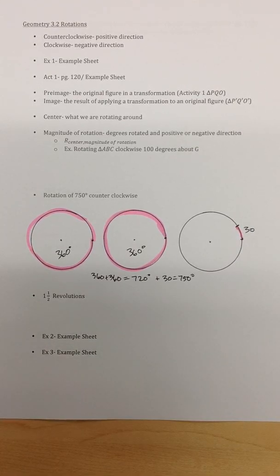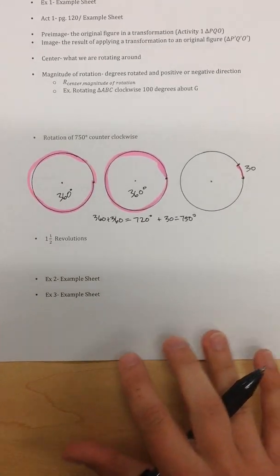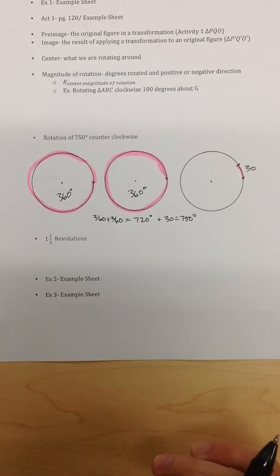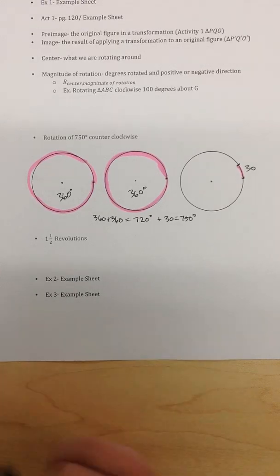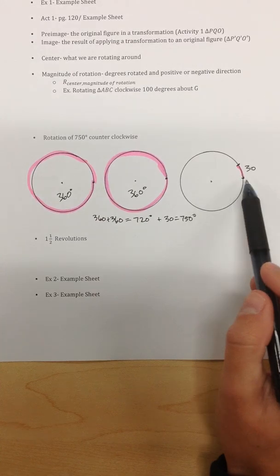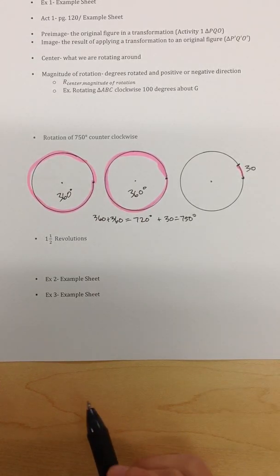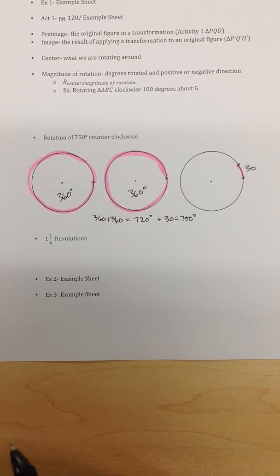Okay, another way to phrase this is talking about it as revolutions. Revolutions is just one full time around a circle. So this would be one revolution, two revolutions, and then just a little fraction of a revolution for a circle. What they want to know here is taking our revolutions, so 1.5 revolutions, and turning that into degrees.